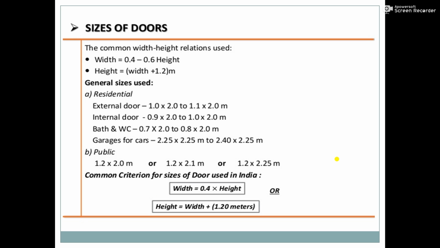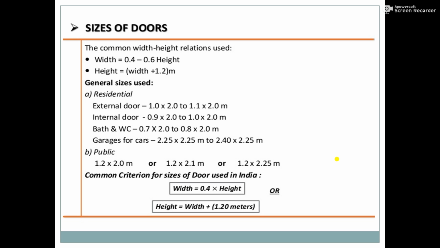Generally, for external and internal doors the height is the same, about 2 meters. For each and every door the height is kept at 2 meters, and the width is changed. For garages and cars, both width and height are changed. In public buildings, the doors may be 1.2 meters by 2 meters, or 1.2 by 2.1 meters, or 1.2 by 2.25 meters.